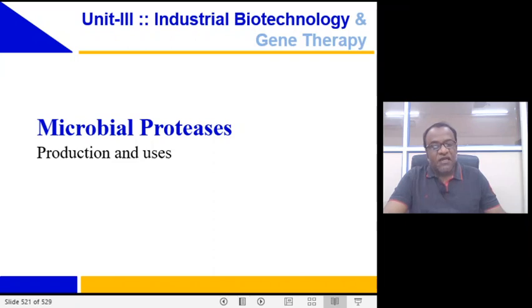So of the three largest groups of industrial enzymes, proteases are one of them, and their global market is exponentially increasing every year. So of the 60% of the enzymes marketed worldwide, believe it or not, 20% is from the proteases. So it is almost one third.